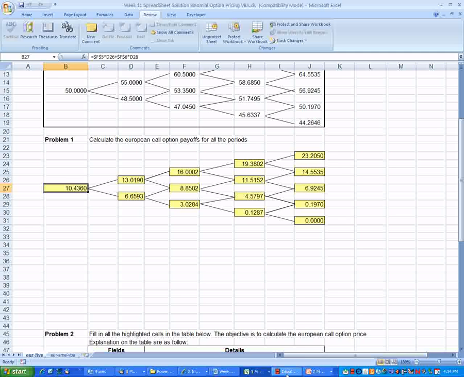Alright, well that's it for problem 1 and 2 in the eur 5 worksheet in the week 11 workbook.